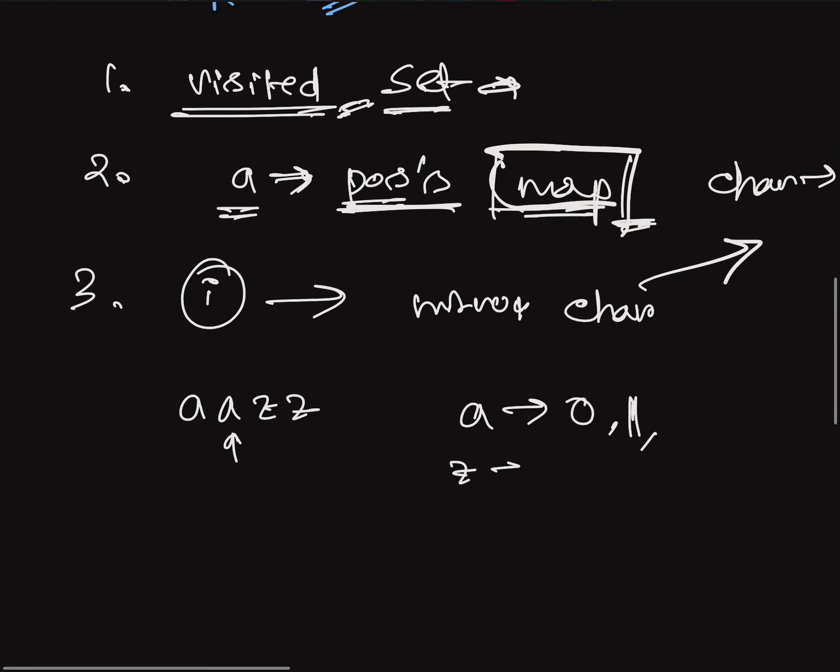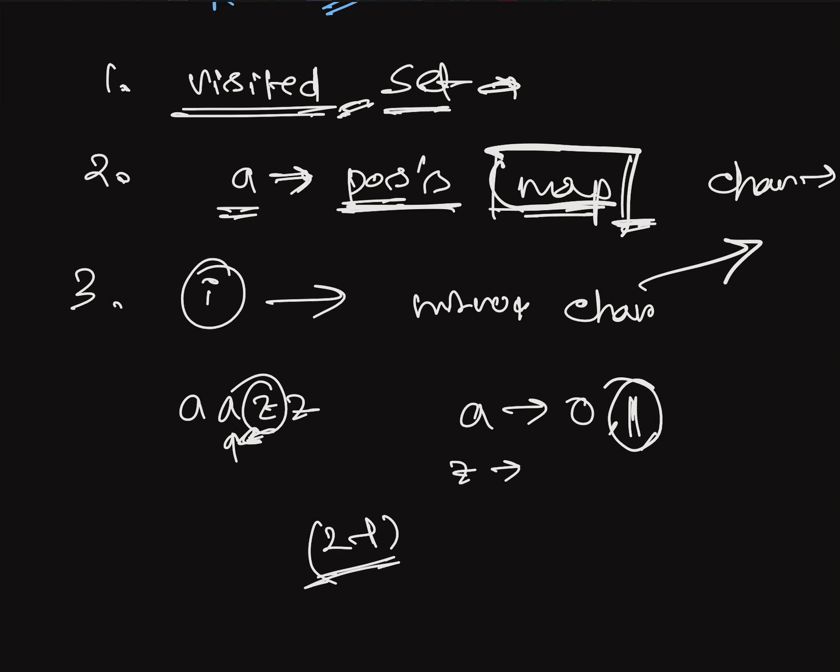Now go to the next character, z. The mirror character is a, and the closest index will be 1, because this is the closest to this position 2. So I will add 2 minus 1 into the score, and I will visit this.